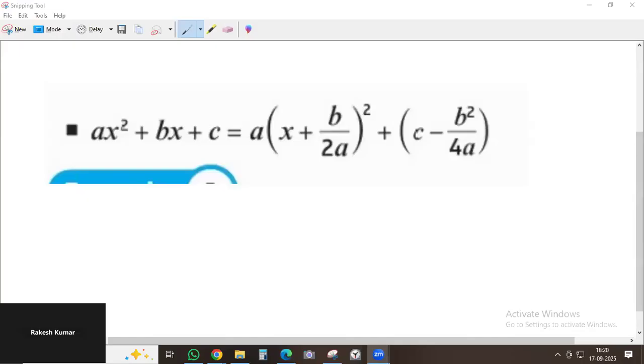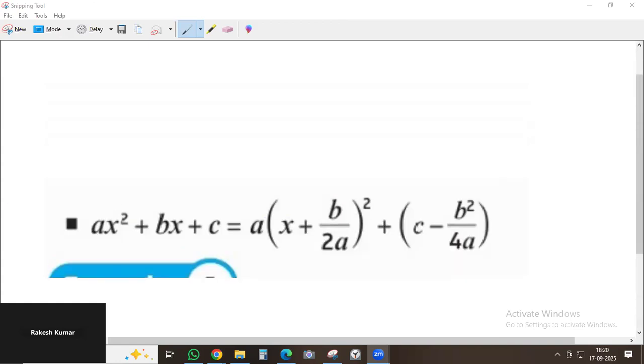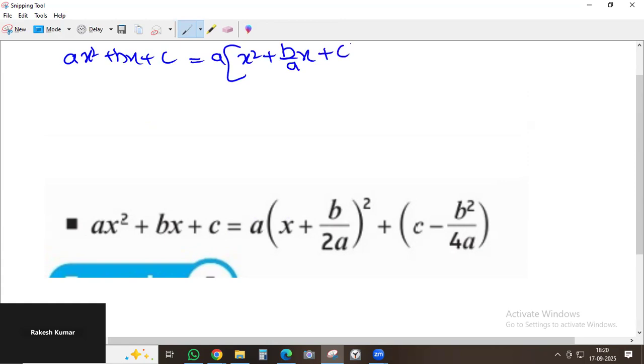This is completing the square. And how have we completed the square? By this: ax square plus bx plus c. Then we take out a common, so x square plus b by a x plus c by a. Then what do we do?